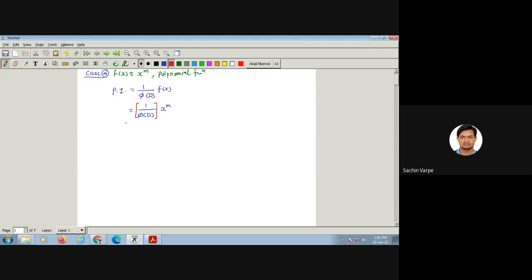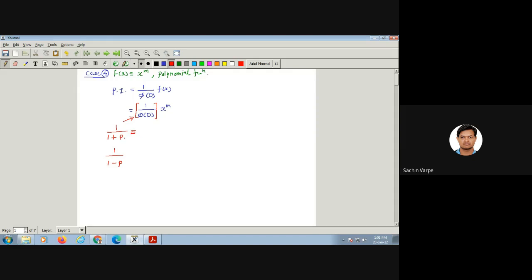So we convert this 1 upon phi of D into one of the forms 1 upon 1 plus p, or 1 upon 1 minus p. And then we expand these two.